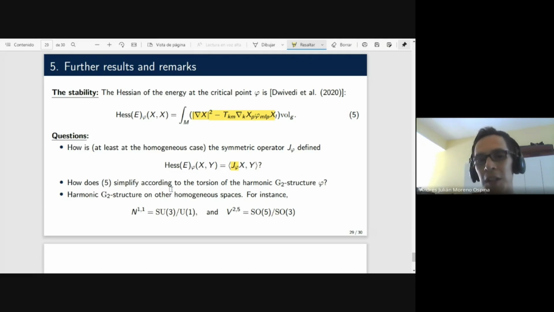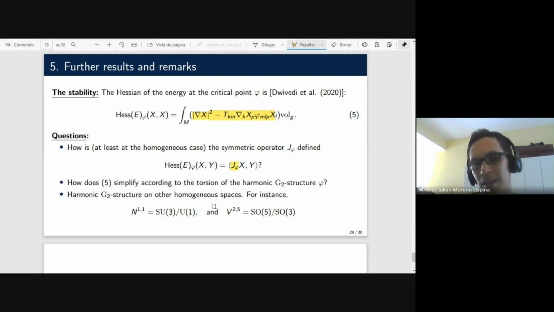Another question is if this equation simplifies for some classes of G2 structures. For example, for the nearly parallel case, the equation is simpler. So maybe for the co-closed case or locally conformal closed G2 structures, I don't know. There are a lot of classes.